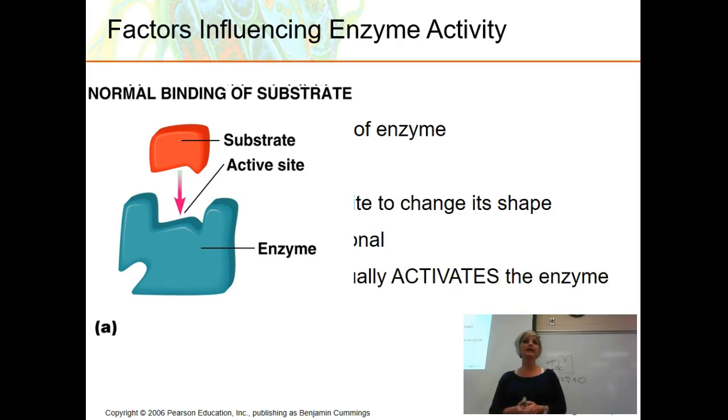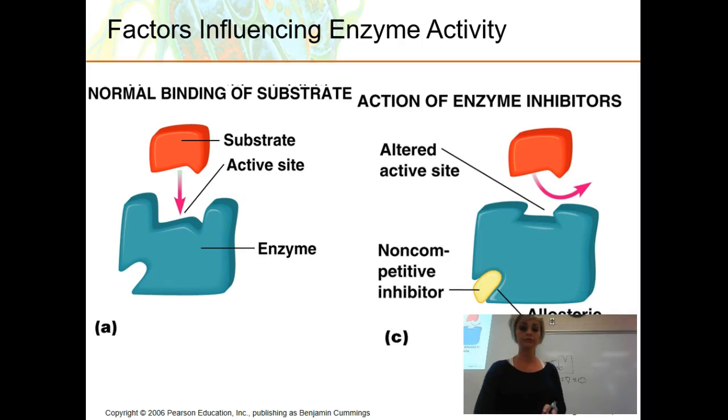Now I'm going to bind that allosteric inhibitor. Altered the binding site. Can that substrate now fit? No. So in this example, it was active and it turned it inactive. So those are all ways that we can manipulate enzyme activity.